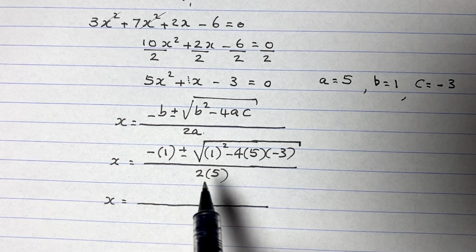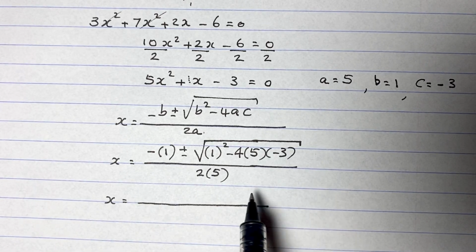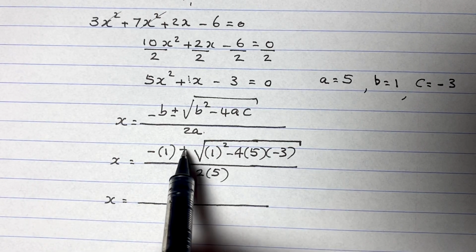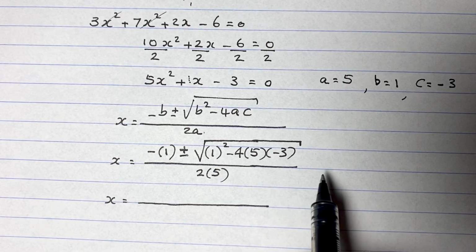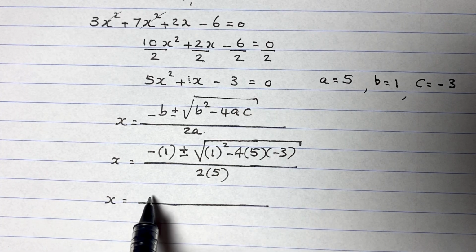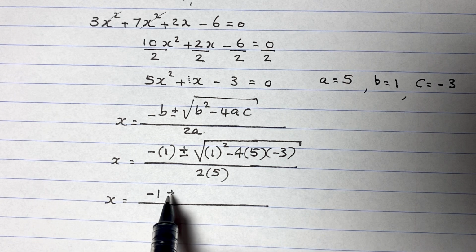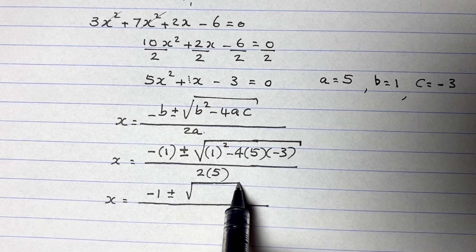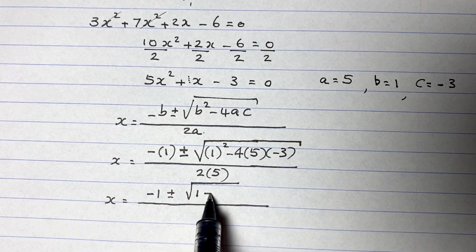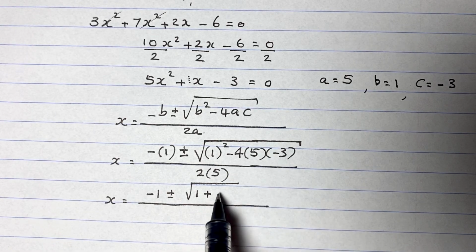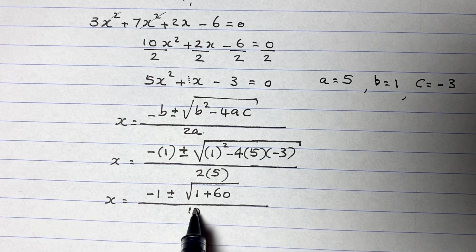If you use the calculator and use the brackets appropriately, you get 2 answers. One answer when you use the plus sign, and one answer when you use the negative sign. Or you can write it as an exact value, like here: minus 1, 1 squared is 1. Minus times minus is plus, 4 times 5 is 20, times 3 is 60, over 10.